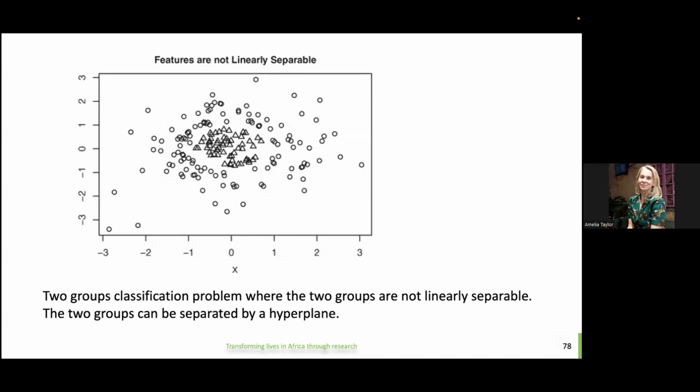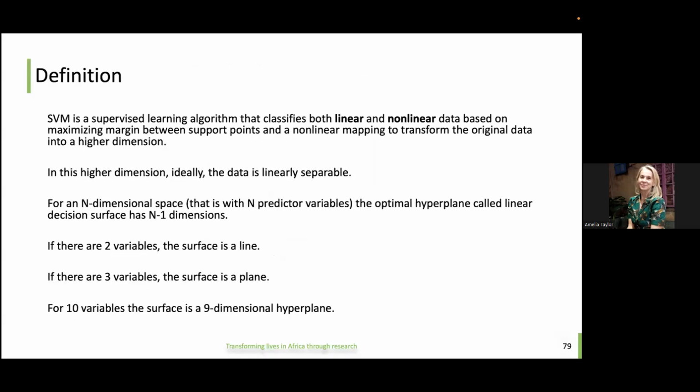So what support vector machines do is use what's called a kernel trick. This kernel trick is a mathematical function that's applied on your data to move it to a higher dimension. And the idea is that when the data is moved to a higher dimension, you'll be able to separate the data in there.